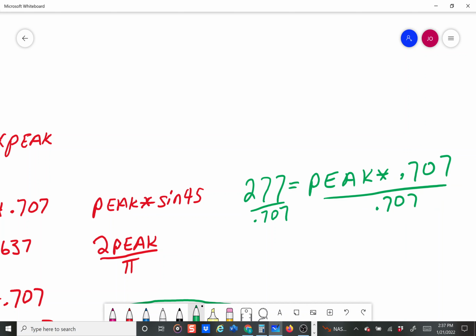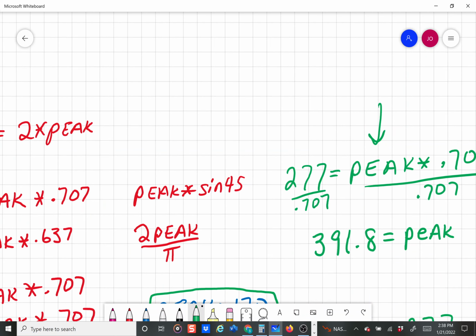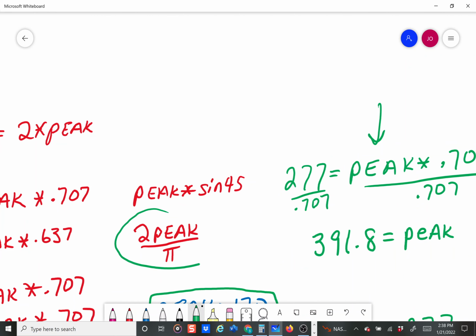We're going to use the value in the calculator, though. 391.8 equals my peak value, because that's what we just solved for. Now, if I wanted peak to peak, I would just multiply that value by 2. But my average value, we can see right here, is 2 peak over pi. And since I've already got peak in the calculator, there's no reason.